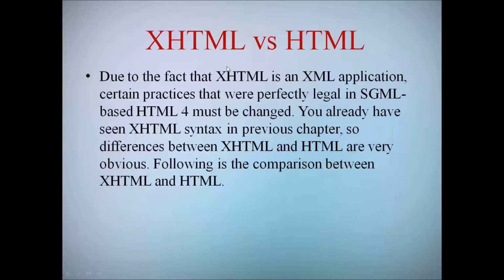Due to the fact that XHTML is an XML application, certain practices that were perfectly legal in SGML-based HTML4 must be changed. You already have seen XHTML syntax in the previous chapter, so the differences between XHTML and HTML are very obvious. Following is the comparison between XHTML and HTML.